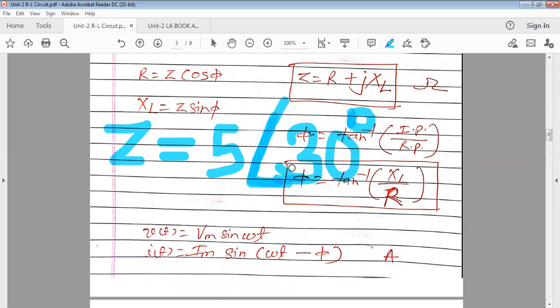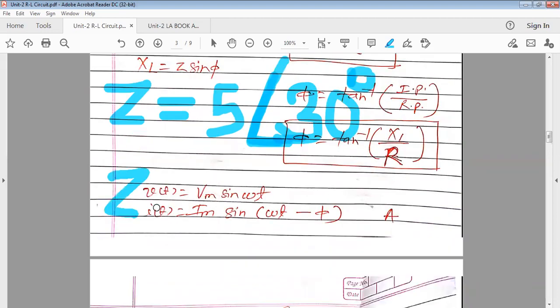Next part we are going to see. Okay, and the magnitude is also positive. Suppose it is given to you Z at an angle of plus 90 degree. It means phi is 90 degree. So is it purely inductive or purely capacitive? Plus jXL, so it is purely inductive.